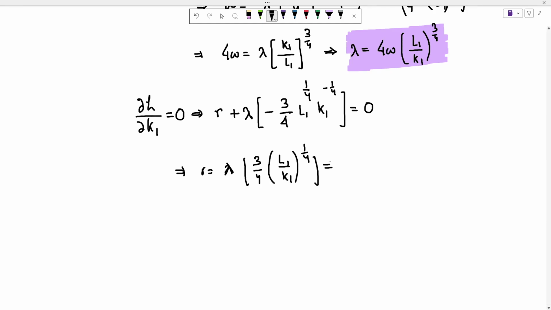This is essentially 4R by 3 and K1 by L1 to the power 1/4 equals lambda. So this is the other thing that we have.